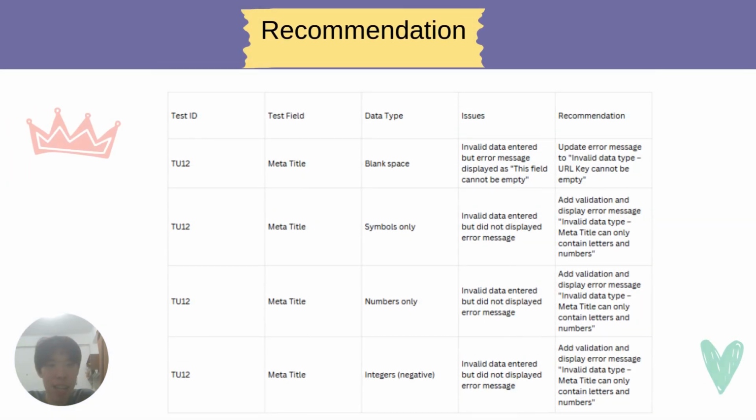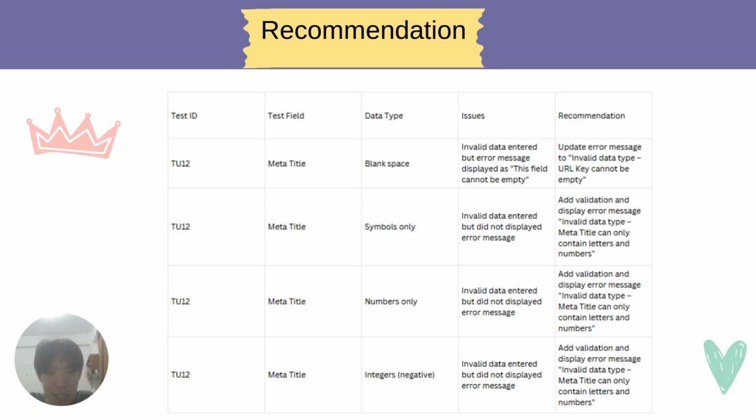This is another field test case in the product screen: the meta title, with the data types blank space, symbols only, numbers only, and integer. They also have the same issue, which is that invalid data can be entered but the error message does not display.